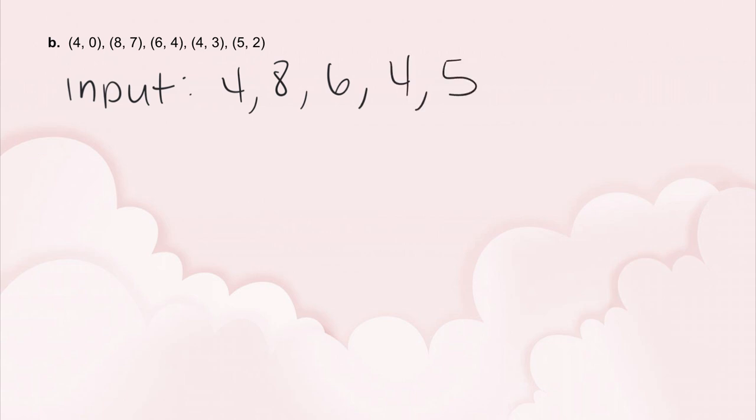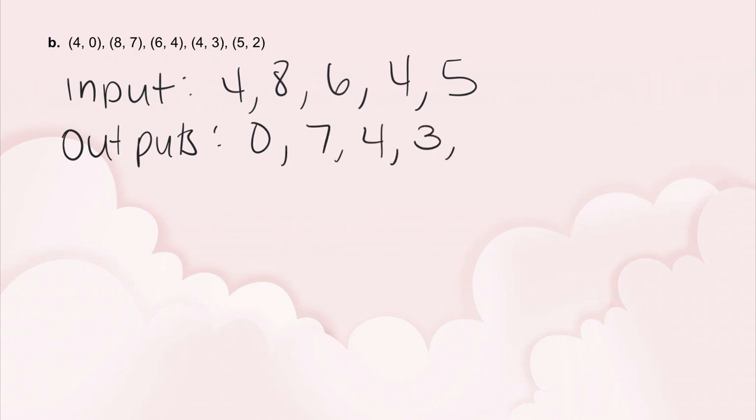Let's look at this side. Now what are my inputs here? 4, 8, 6, 4, and my outputs are 0, 7, 4, 3, and 2. Do I have any repeats in my input? So that means this is not a function.